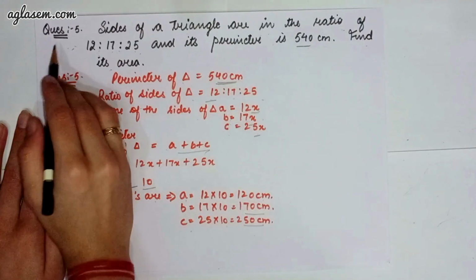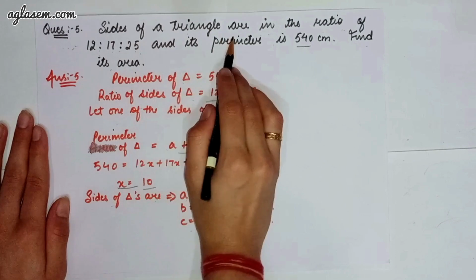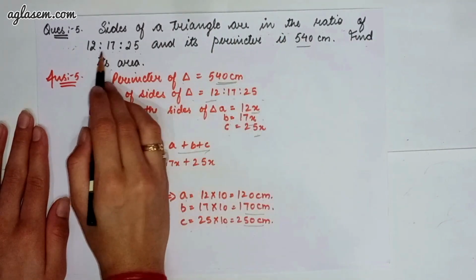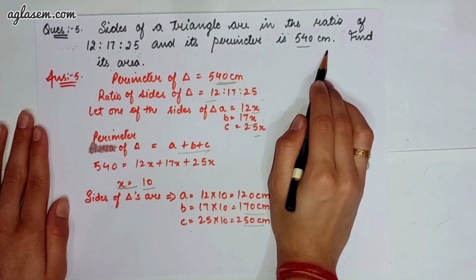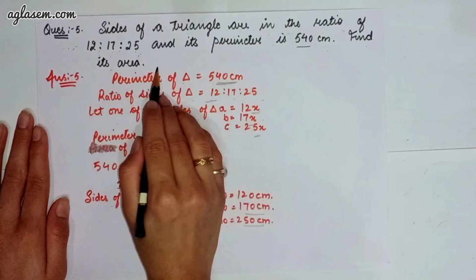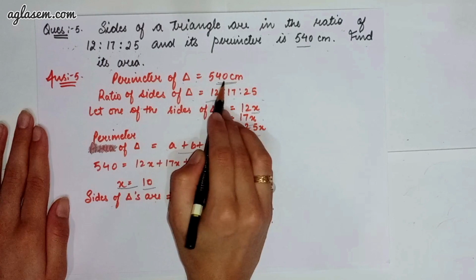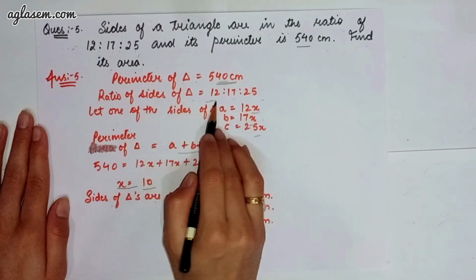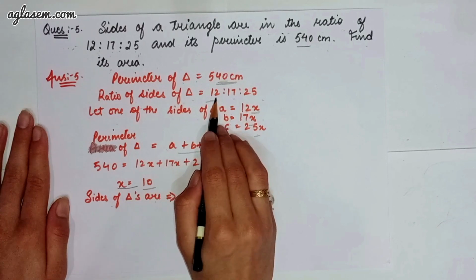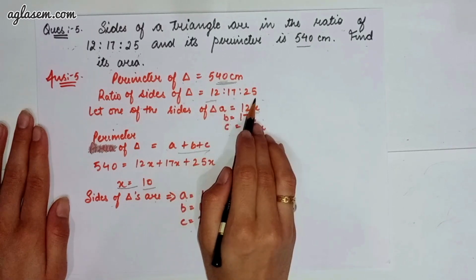Further moving to question number 5, it says the sides of a triangle are in the ratio 12 : 17 : 25 and its perimeter is 540 centimeter. We have to find its area. The perimeter of the triangle is given to us, that is 540 centimeter. The ratio of the sides is 12, 17, 25.